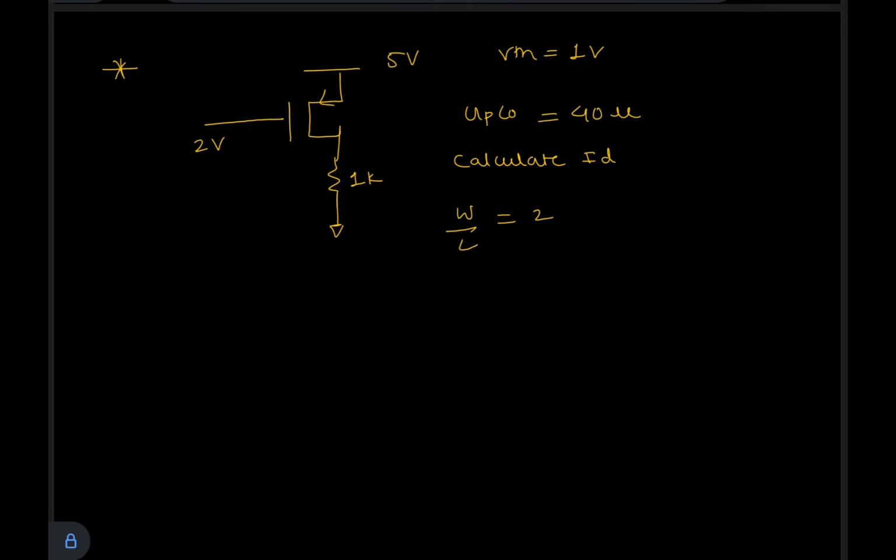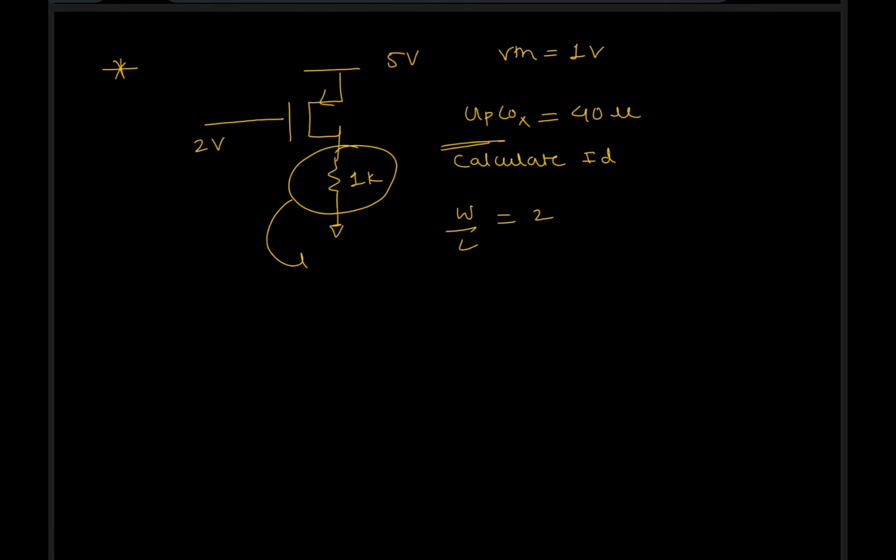And this was the most basic and easy question. They have given one PMOS, and on the drain side it is connected to a 1 kilo ohm resistor, and mu p Cox was given, W by L was given, the gate voltage was given. They have told you to calculate the current.